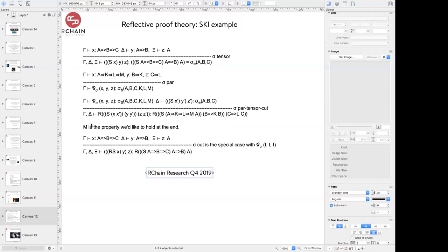And we know that as long as everything is well typed, then the procedure of removing all the cuts is terminating. So that's an example of how to run this algorithm on the SKI term language.